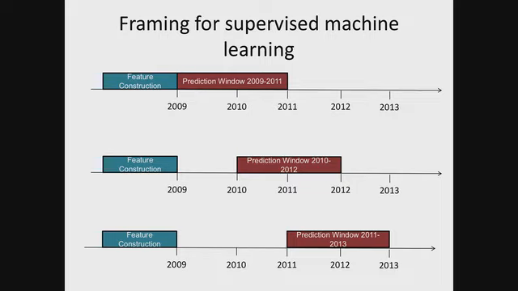in that prediction window? So for example, for this prediction task, we're going to exclude patients who have developed type 2 diabetes between 2009 and 2011. And we're only going to count as positives patients who get newly diagnosed with type 2 diabetes between 2011 and 2013.